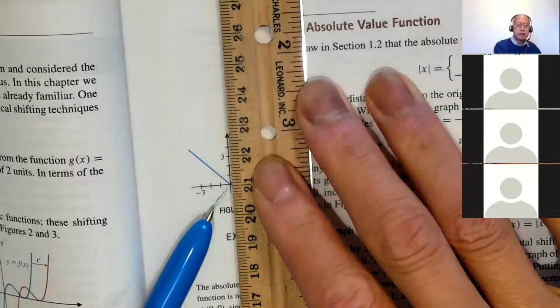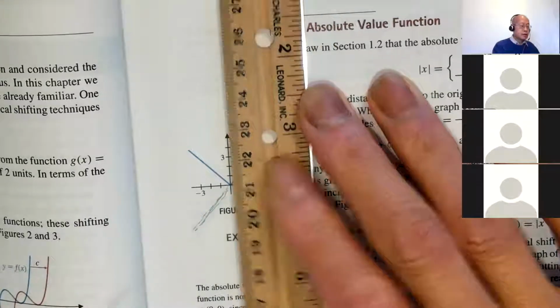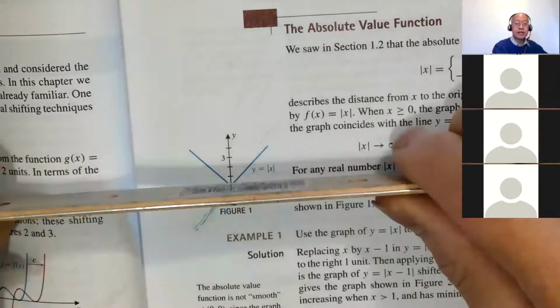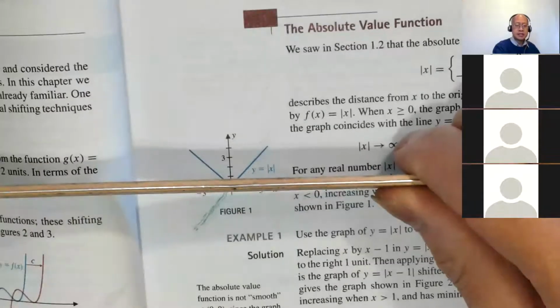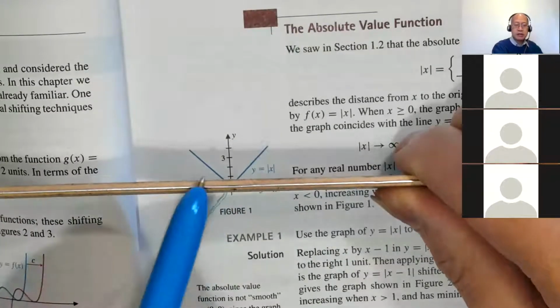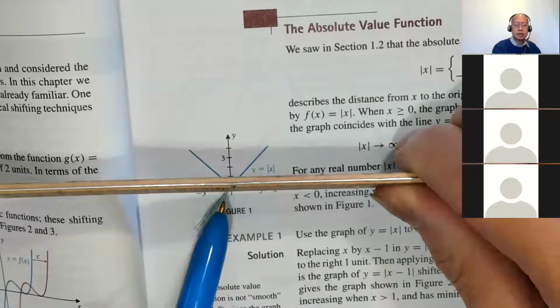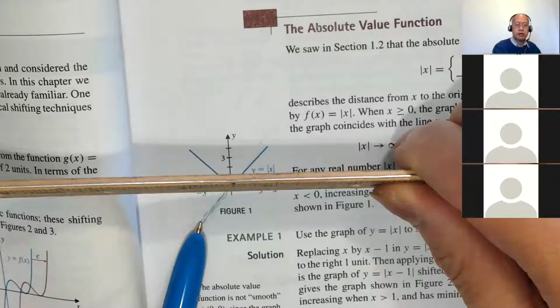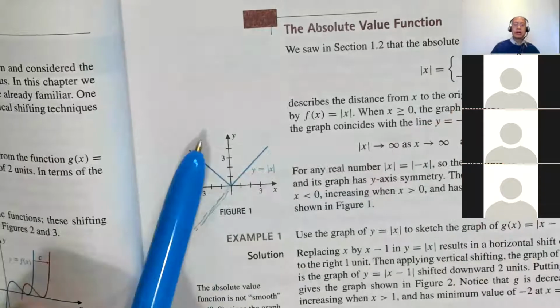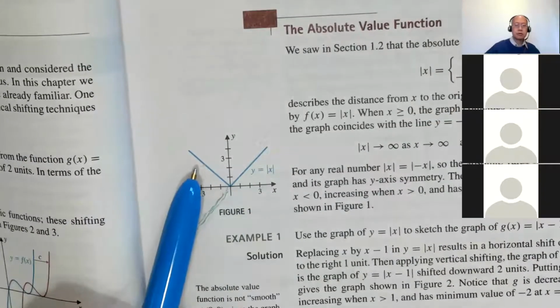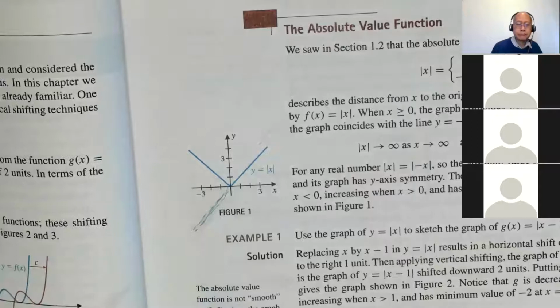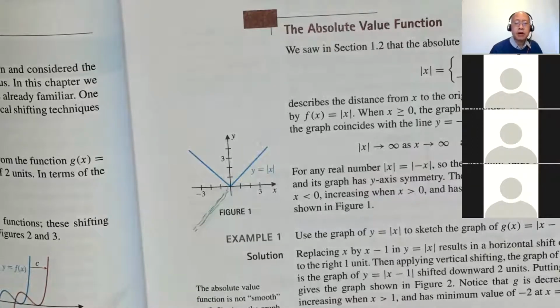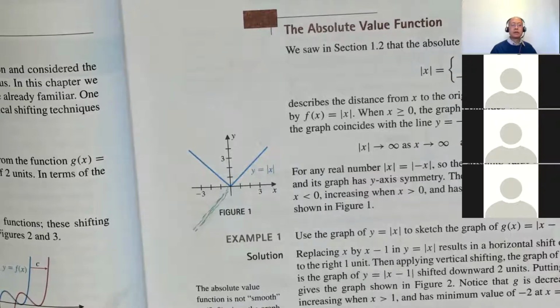This part here, quadrants 2 and 3, you reflect across the x-axis. So this thing bounces over here. Take the mirror image, the reflection of this part down here in quadrant 3 reflects over to quadrant 2, and that's why you end up with this graph. That's going to be true in general for absolute value of anything.